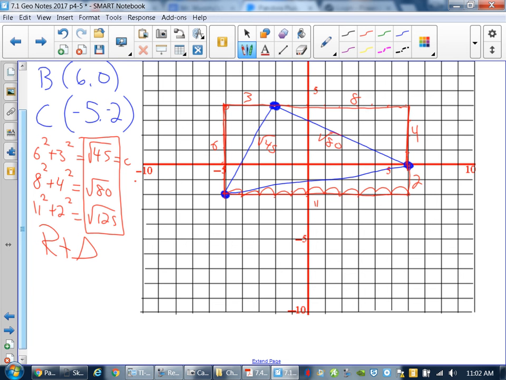So this is squared, so 3 squared, so 2 squared plus 3 squared.